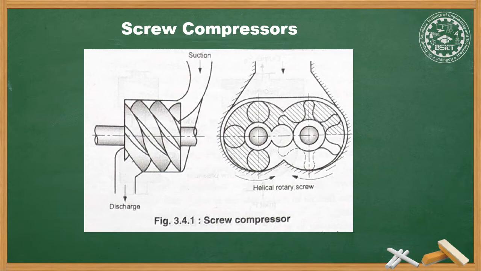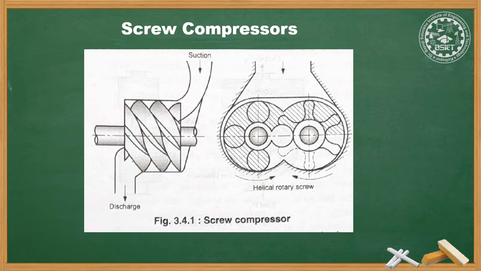For clarity, let us understand the compression in three phases. First is suction. During suction, the voids are created on both male and female side of rotor, and gas is drawn in through the inlet port when the rotor is in unmeshed condition.